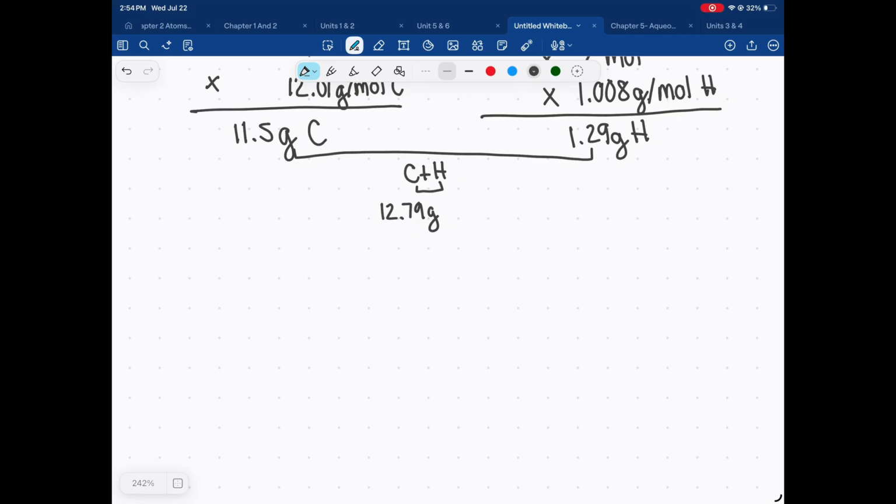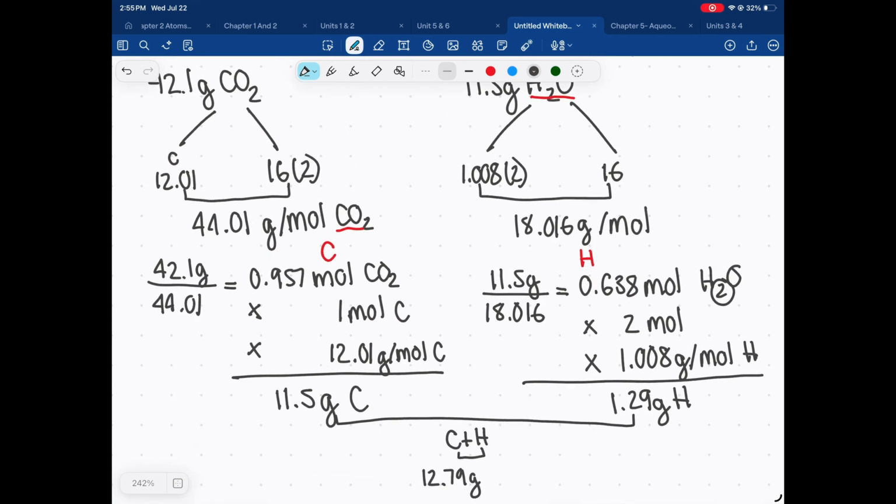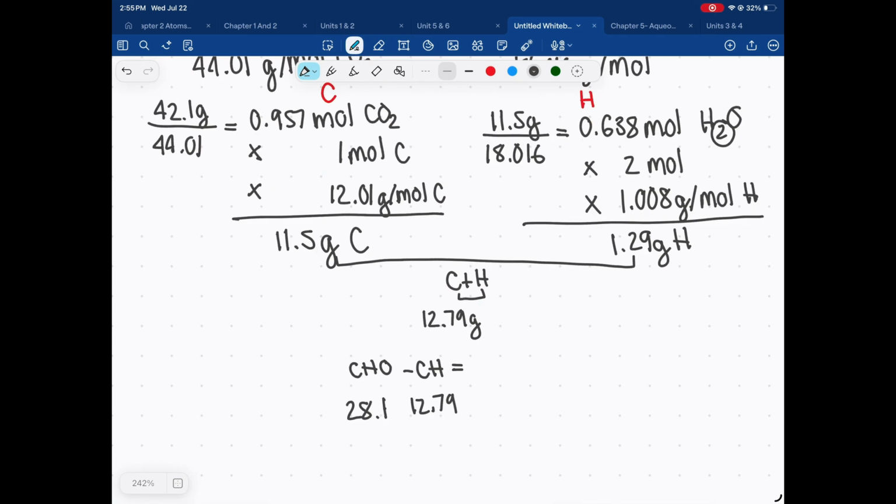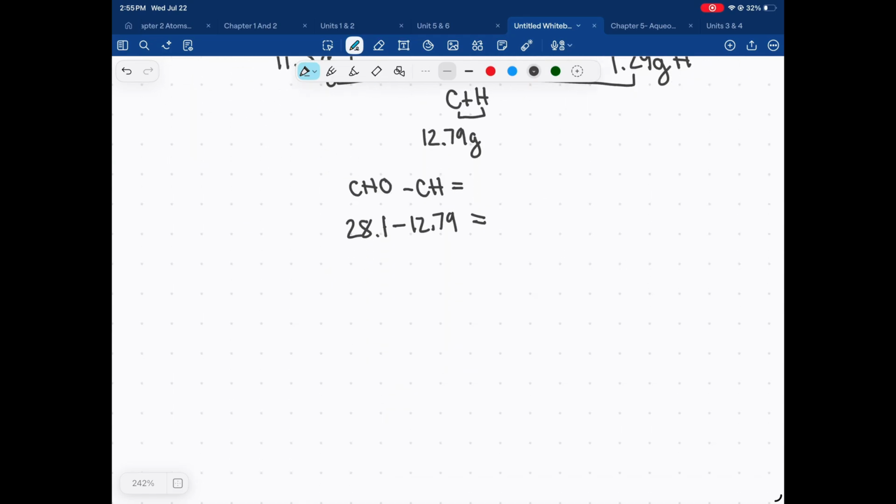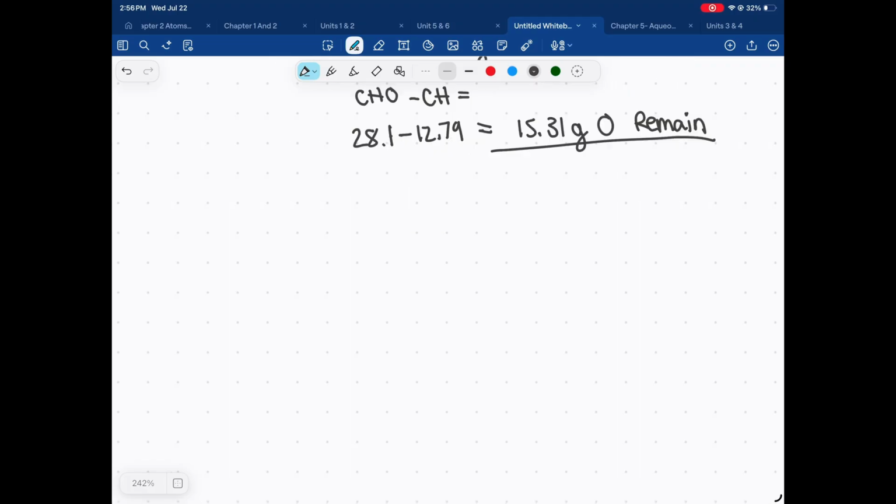And we know that we have, I believe, 28.1 grams of our total substance. So let's go ahead and subtract 12.79 from our 28.1 grams. This is going to give me 15.31 grams of oxygen. So now that we've done that, let's determine the moles of the elements that lie in our new molecule.